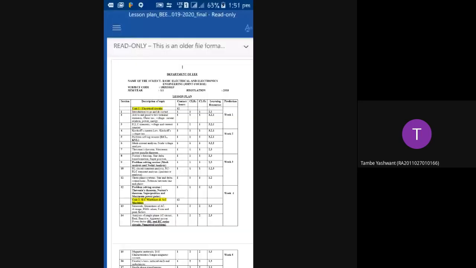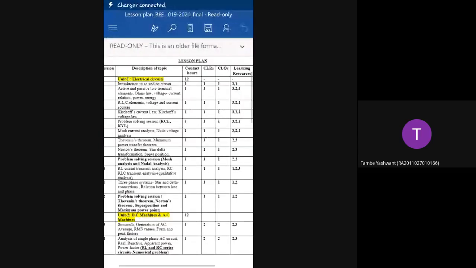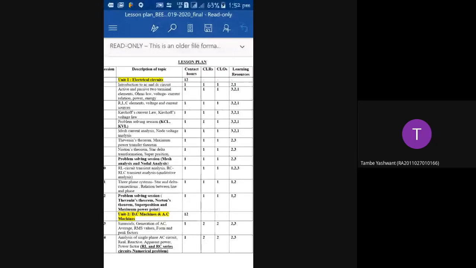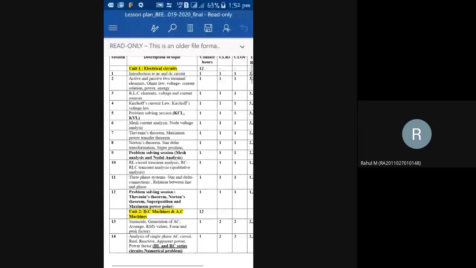So what are the things that are in the syllabus? Read it. Unit 1, up to 12.